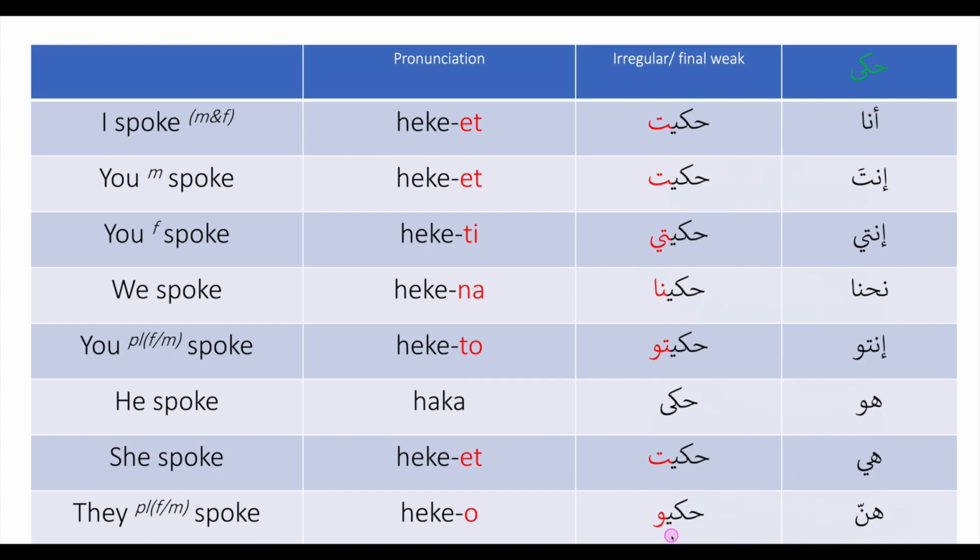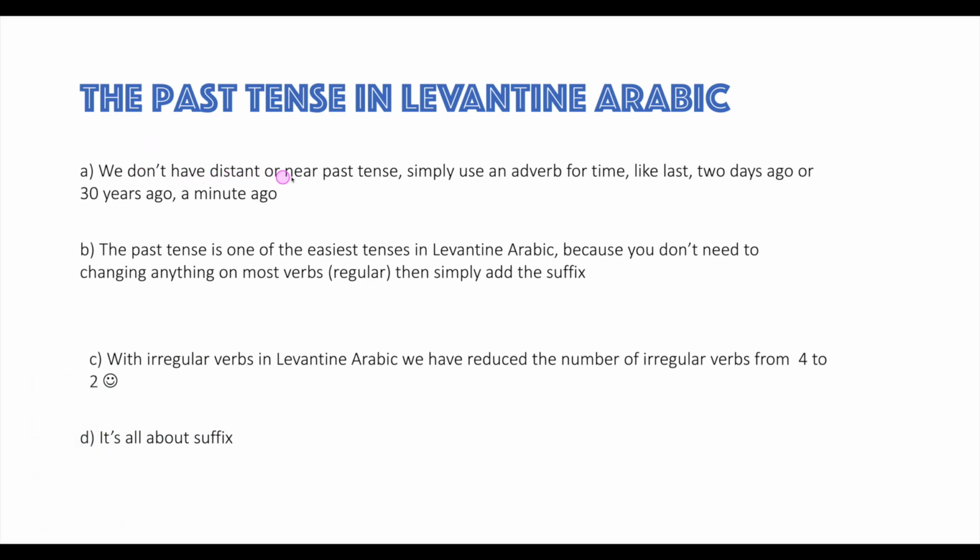Let's summarize again. The past tense is one of the easiest tenses in Levantine Arabic for a number of reasons. We don't have a distant past tense and we don't have a near past tense. We simply have a past tense, and we always specify it with an adverb for time. We don't need to change anything in most verbs, and we're talking about regular, we simply need to add a suffix.